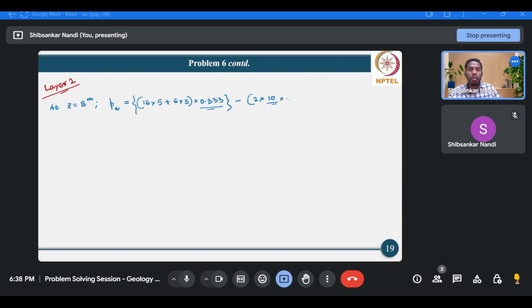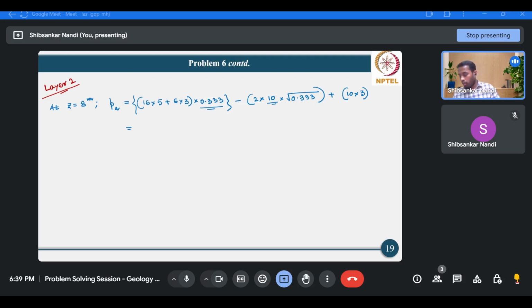Okay, then multiplied by 0.33 plus 10 into. Now for the first two components, 16 into 5 plus 6 into 3 multiplied by 0.333 minus 2 into 10 into root under 0.333.